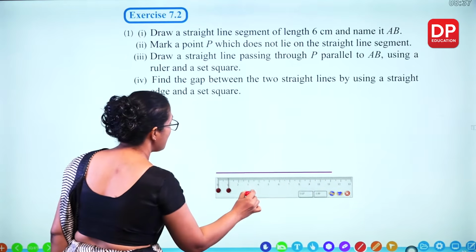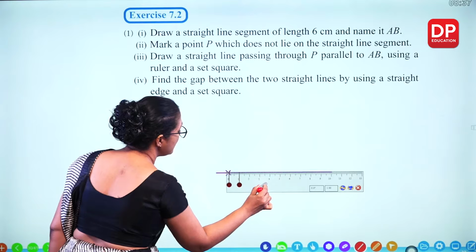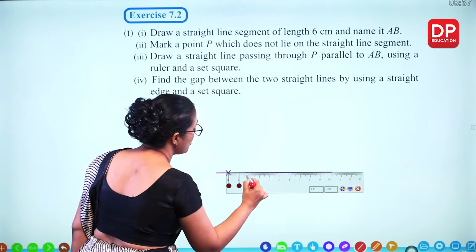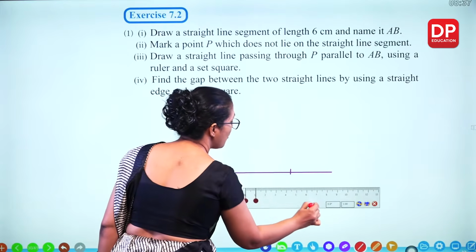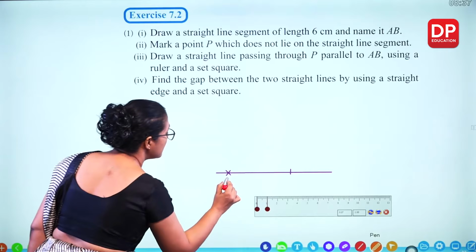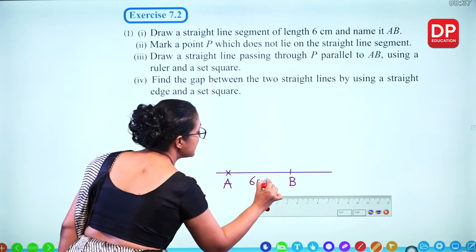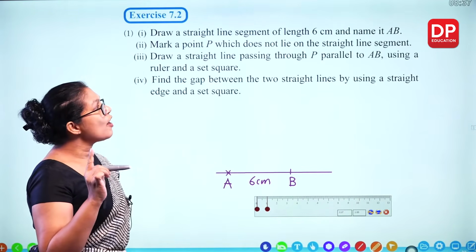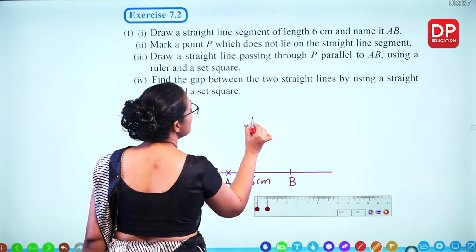And then I can mark a point here A and measure the length. 6 centimeters. 1, 2, 3, 4, 5, 6 here. So mark the point A and B first. A, B. That's 6 centimeter length. Mark a point P which does not lie on the straight line segment. So I can mark any point P here.